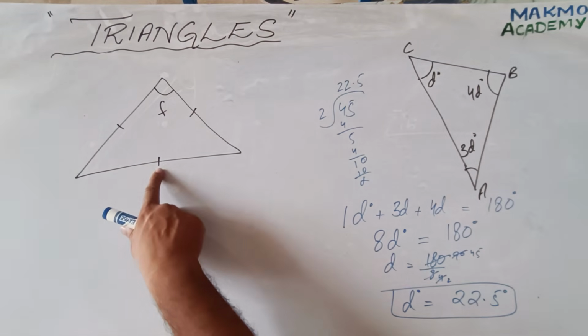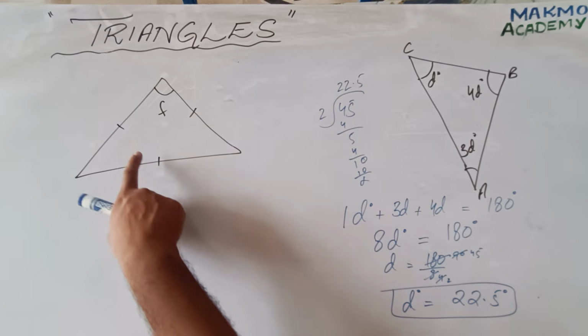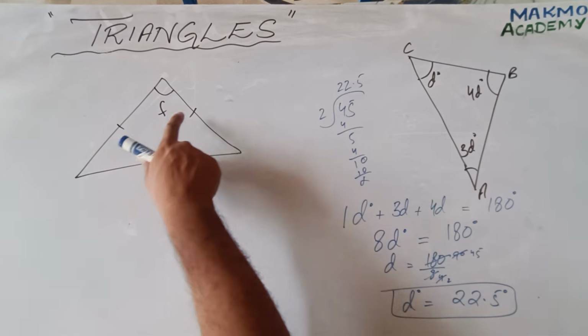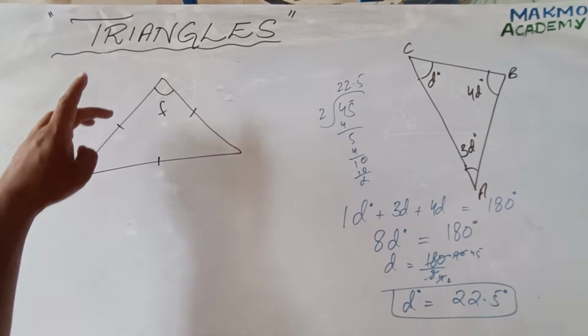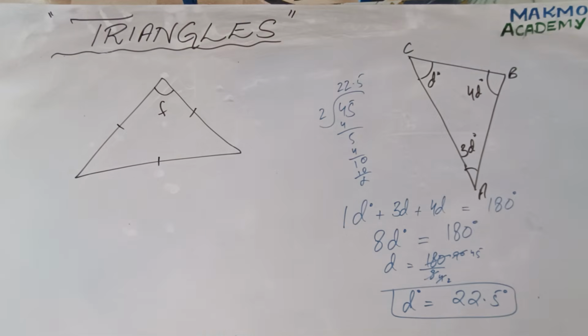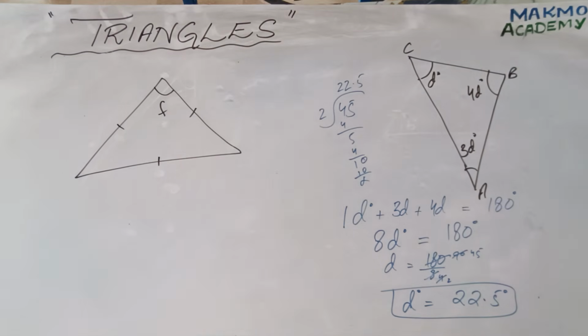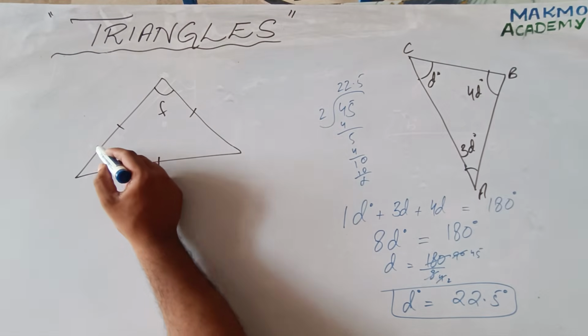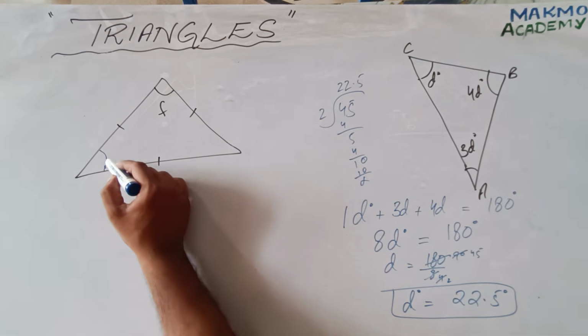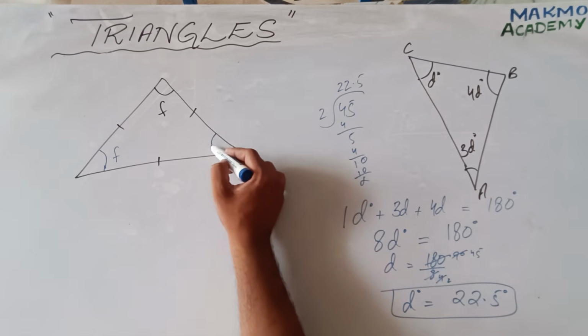So this is a very solid indication: small line, small line, small line means the lengths of all three sides are equal to each other. If the lengths of all three sides are equal, it means it's an equilateral triangle. And in an equilateral triangle, all the angles are equal to each other.